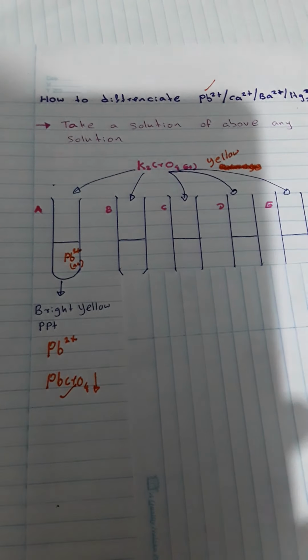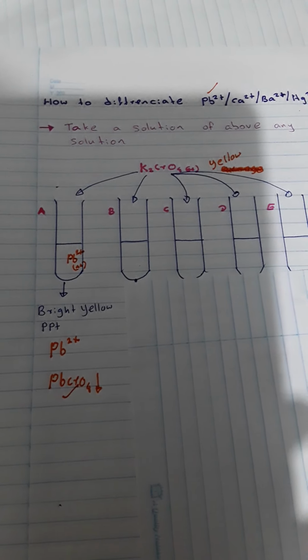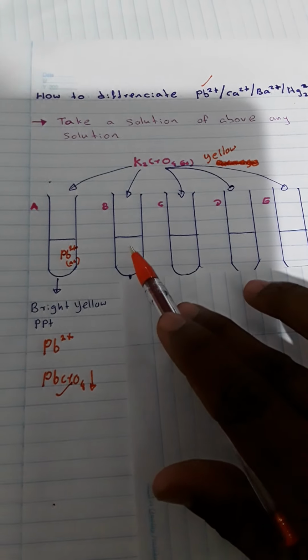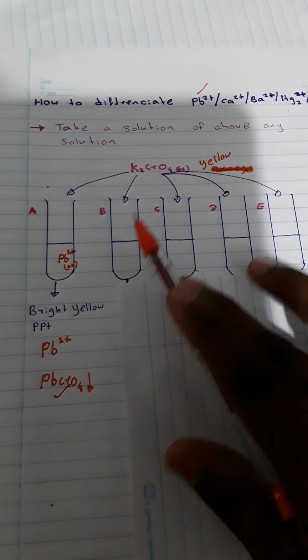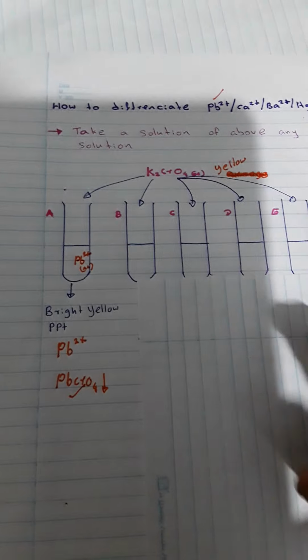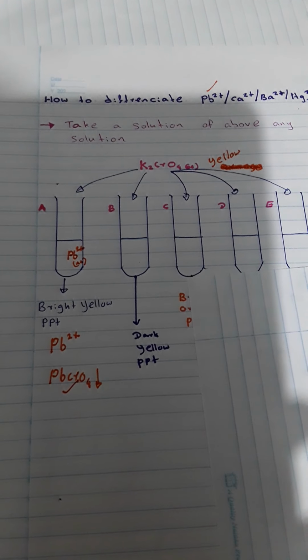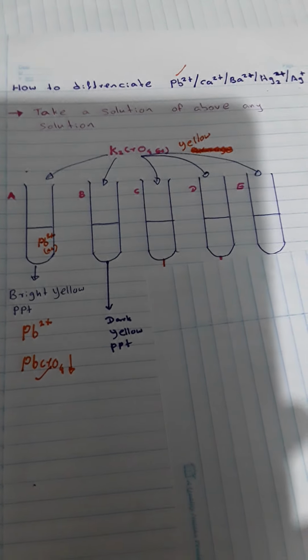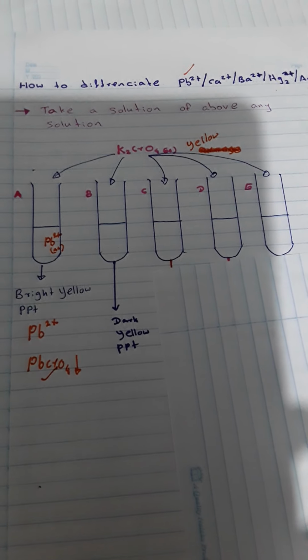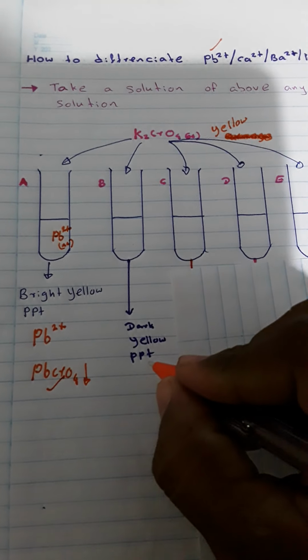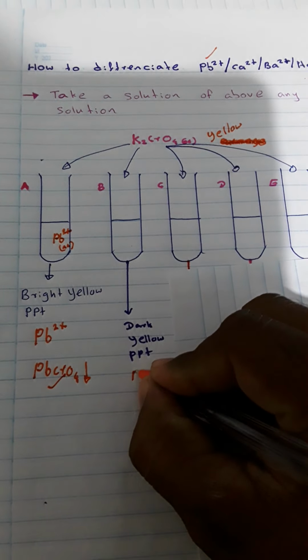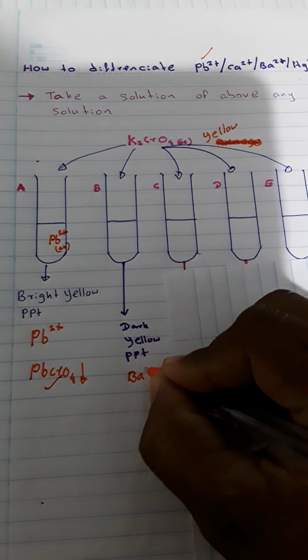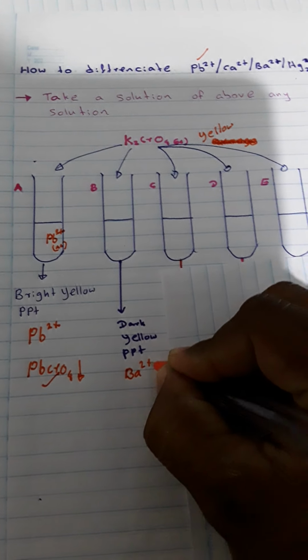So how can I identify the next one? To the unknown solution, I add potassium chromate. If it gives a dark yellow precipitate, that means it contains which ion? Ba2+ ion, right?